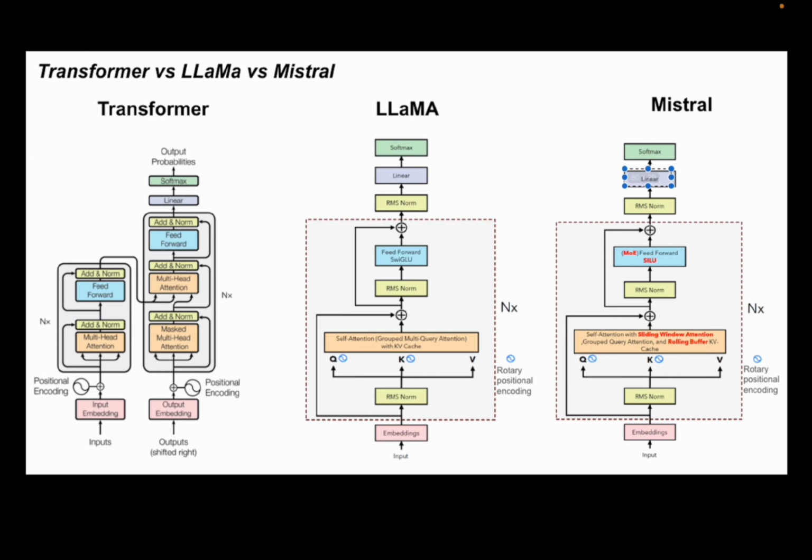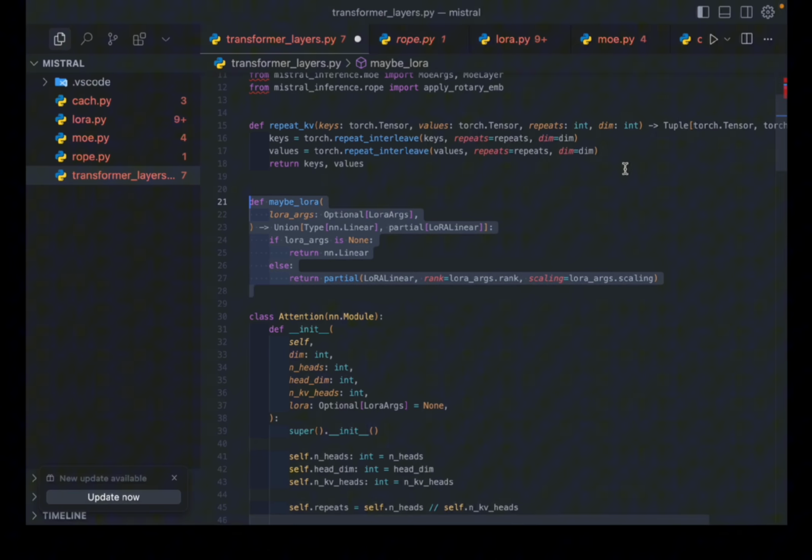So this maybe LORA function allows us, when we specify the LORA arguments, to have a LORA linear layer, or if not, it would be just a simple feed forward layer.